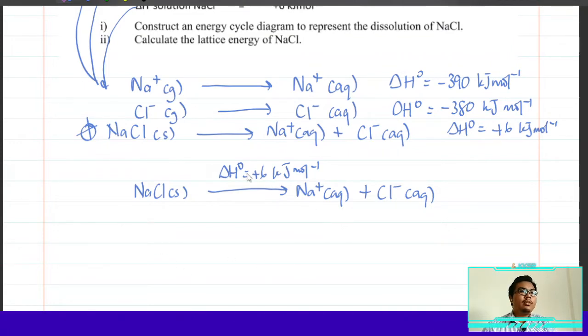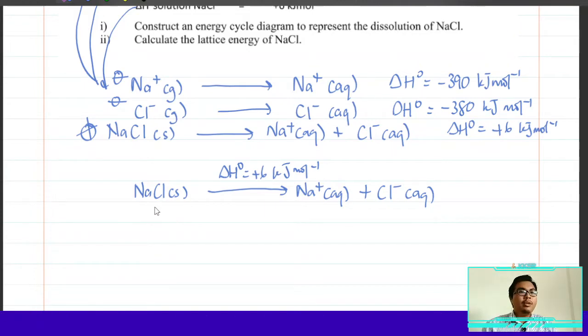Okay, so if we look at these first two equation yang diberikan kat sini, kita ada daripada sodium ion gas dan juga chloride ion gas menjadi dorang punya aqueous solution. Okay, so jalan lain yang kita boleh buat adalah menggunakan ni sodium ion gas dan juga Cl negative gas. So that's come the next step.